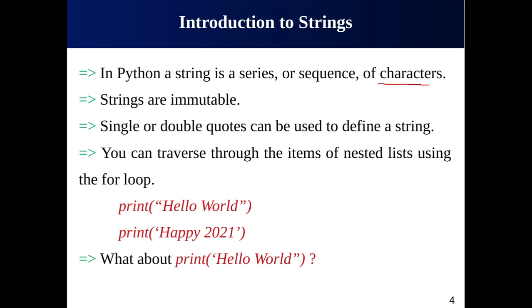For example, a letter A, B, C, or even numbers 1, 2, 3, 4, 5, 6. And also the special characters such as the dollar sign, hash sign, equal sign, underscore, etc. All these are examples of characters. And once they are combined together in a series, in a sequence, then it is referred to as a string.